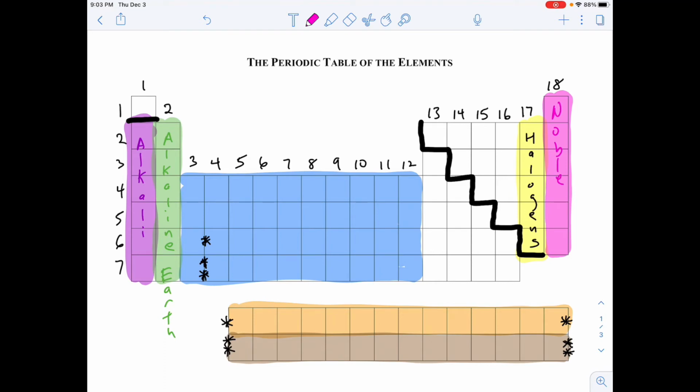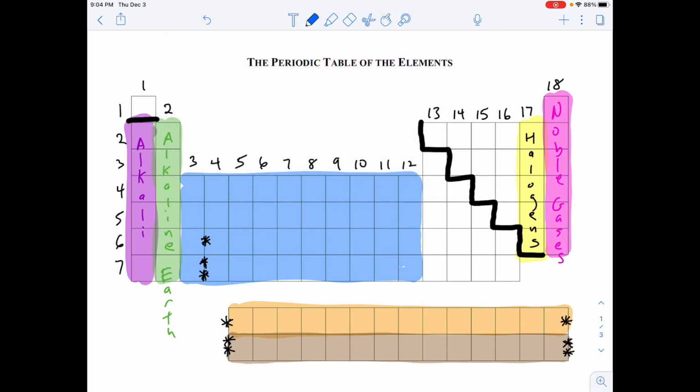These are the noble gases right here. These gases are very special. They have full electron shells, and because of that, they don't react with other elements. We're going to learn about that next unit when we talk about chemical bonding and chemical properties.